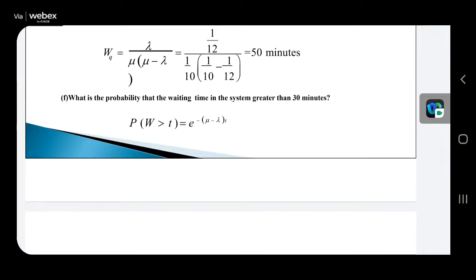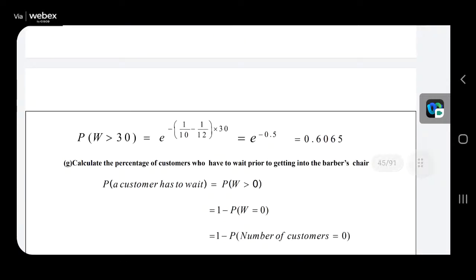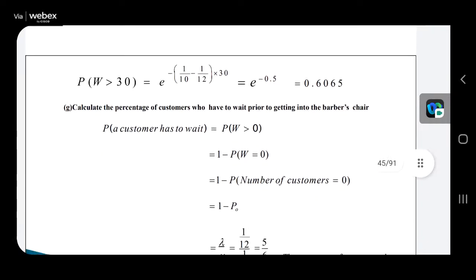We will talk about that in the last session if you are really interested to know. But this is important from the point of view of the exam. So you just substitute: e power minus of (1 by 10 minus 1 by 12) into t, where greater than 30 minutes they are asking, so into 30. So you'll be getting the solution.